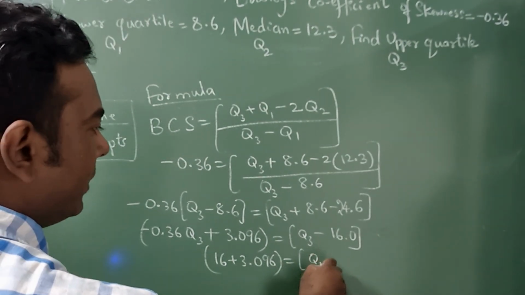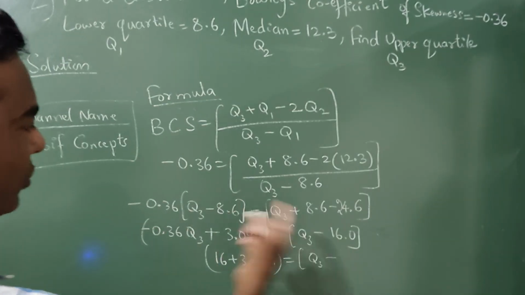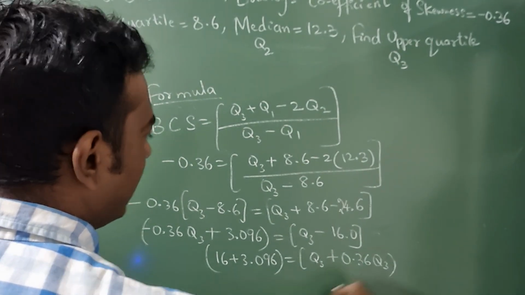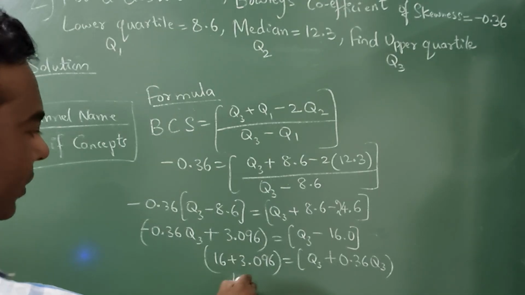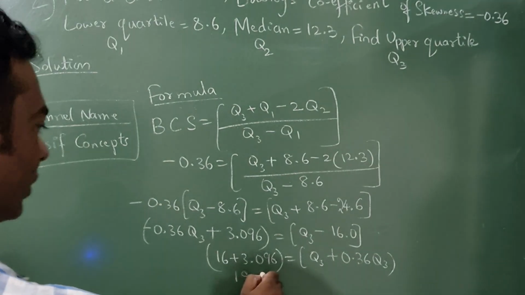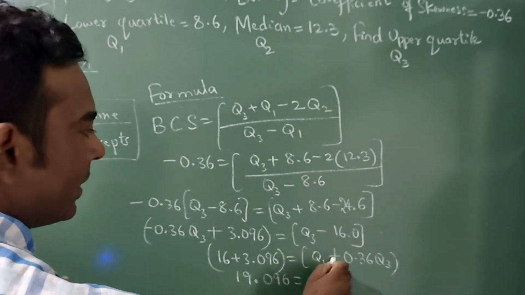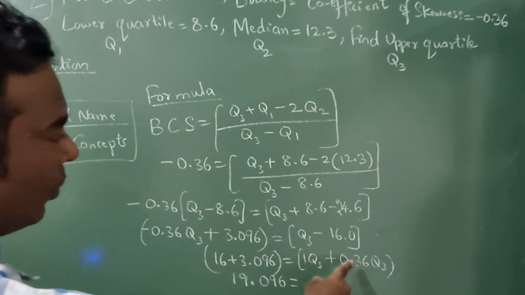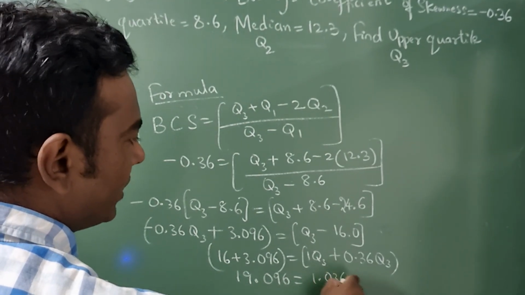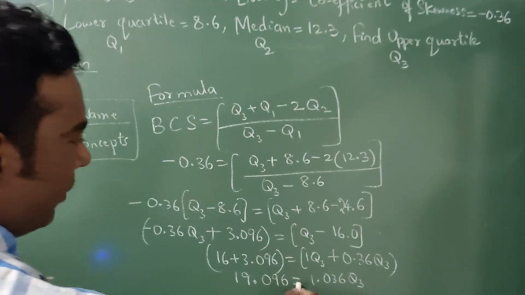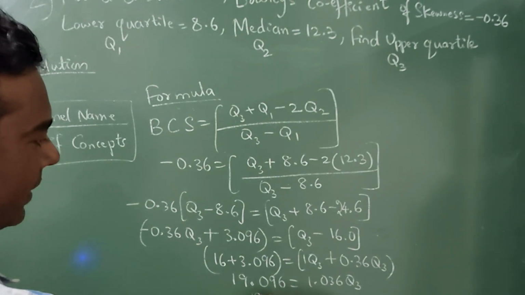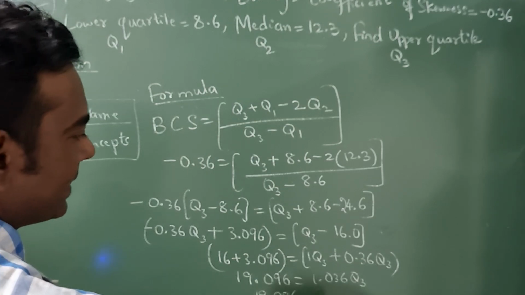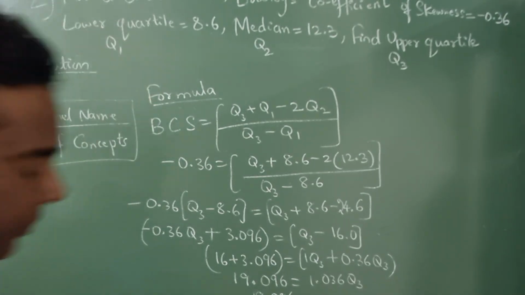Now there is a minus 0.36 Q3, when it goes to the right hand side, it will become plus 0.36 Q3. Now add these two, you will get 19.096. Now add these two. If nothing is there, it is considered as 1. So 1.36 Q3. Now divide these two. 19.096 divided by 1.36 is equal to Q3.